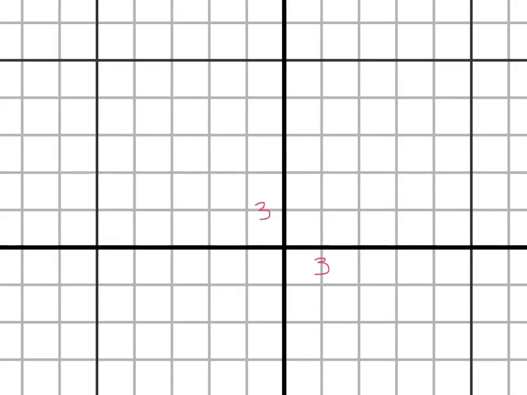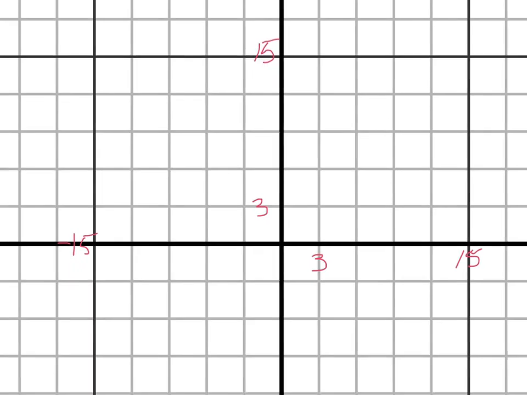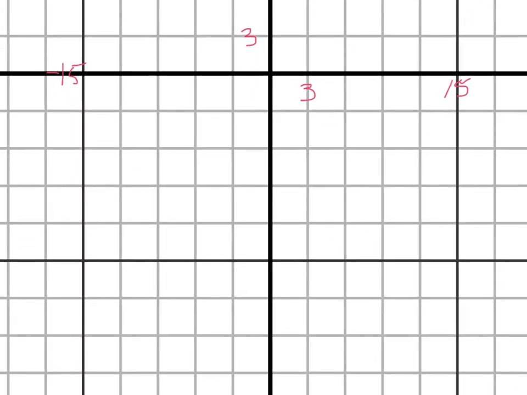And what does that mean? That means that this would be 3 and 6 and 9 and 12, and instead of this being 5, we're going to call it 15. So I'm just going to make a mark out there that that is 15 and 15, and this would be then -15, and lastly, this down here would be -15.